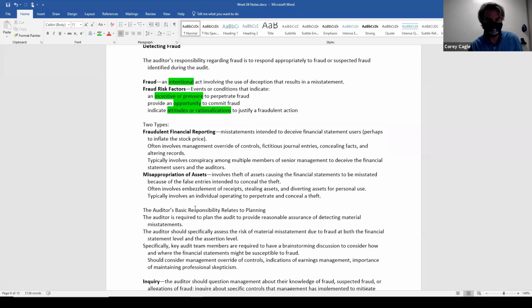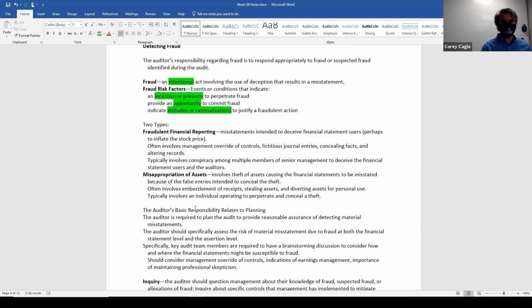You may have the incentive to do that, save you tax money. Most of the time you're overstating revenues and overstating assets and things like that, but you might go the opposite way.